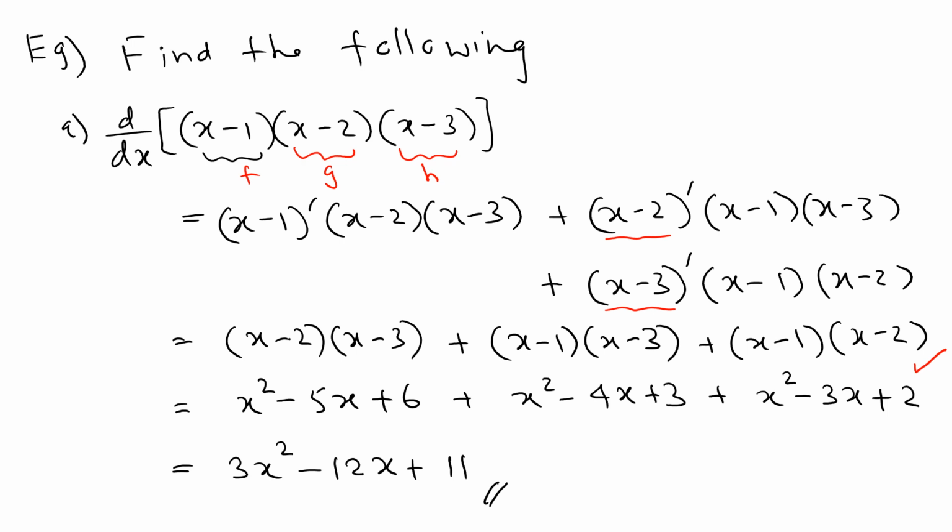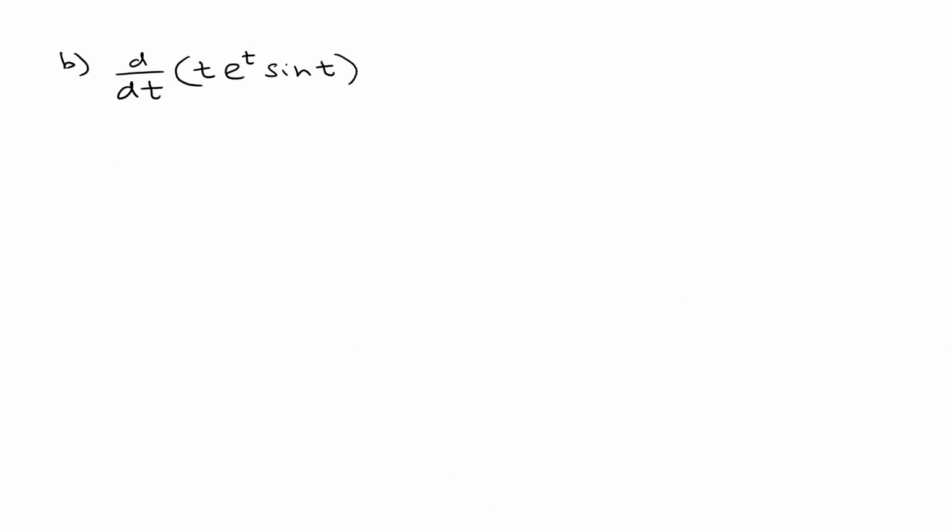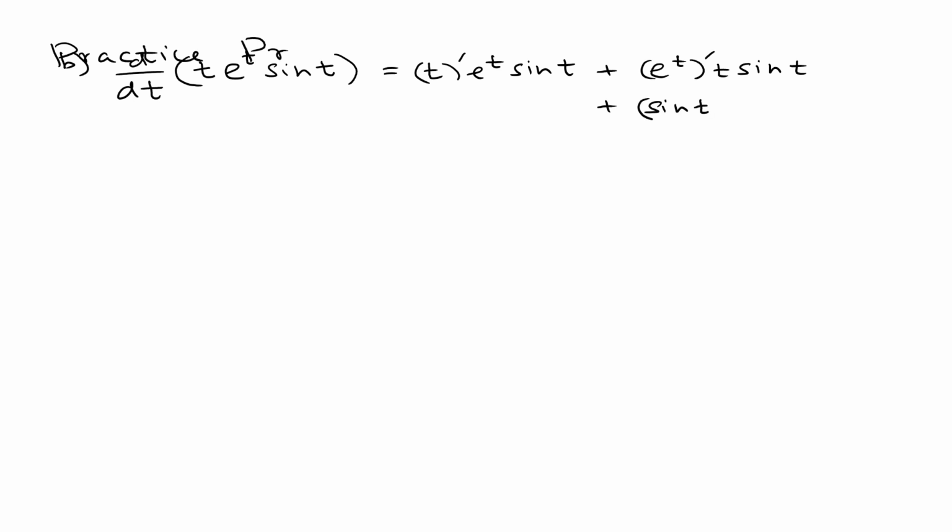So let's look at one more. We need to find the derivative of t e^t sin t. Again, if we apply the result, we take the derivative of the first term, multiply by the other two, which is e^t sin t, plus find the derivative of the second one, multiply by the other two, t sin t, plus find the derivative of the last one, and then we have t e^t.